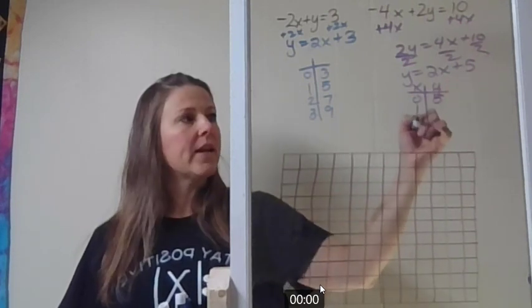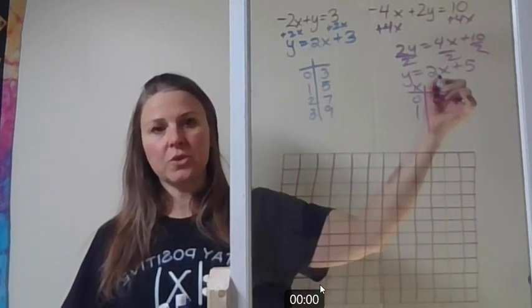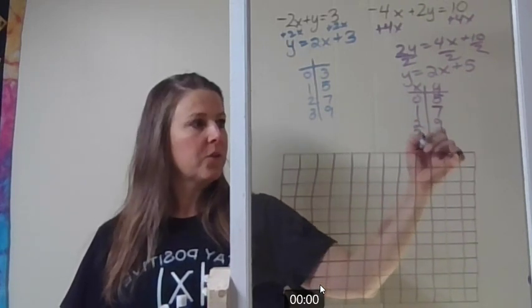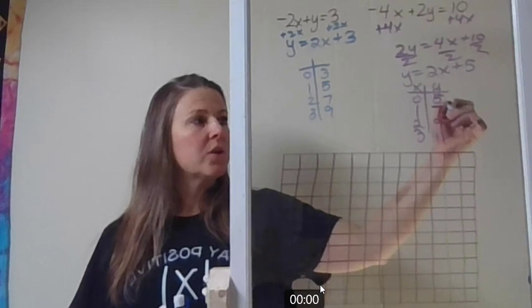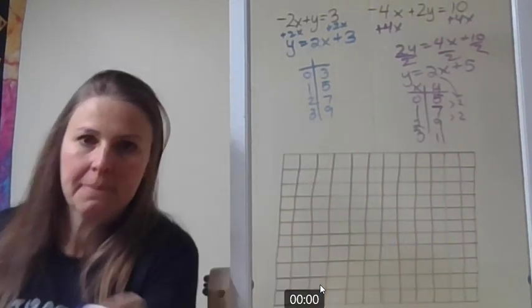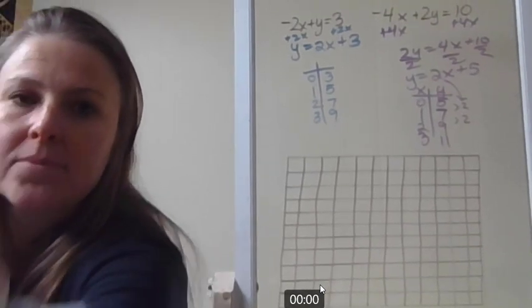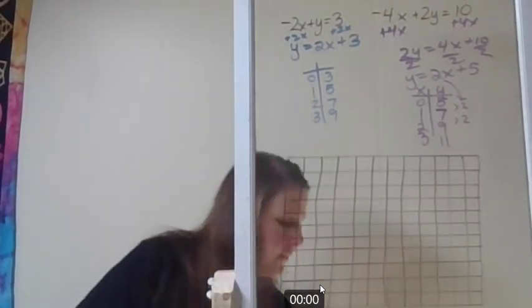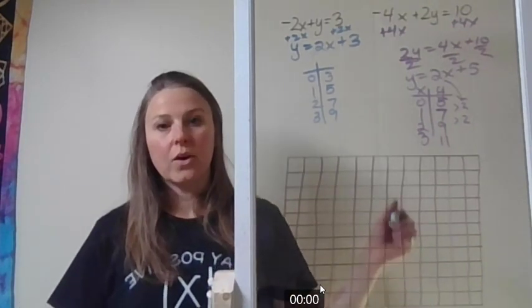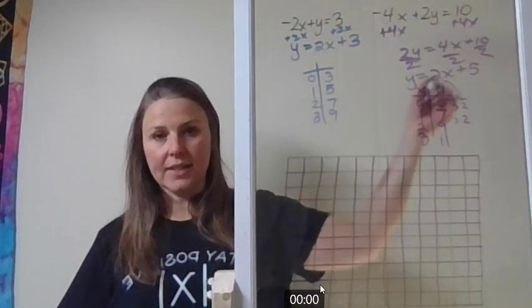If you plug a 1 in for x, 2 times 1 is 2, 2 plus 5 is 7. 2 will give you 9, 3 will give you 11. You could just keep adding 2 because that's the slope. Or you could literally plug each x in and solve for y.